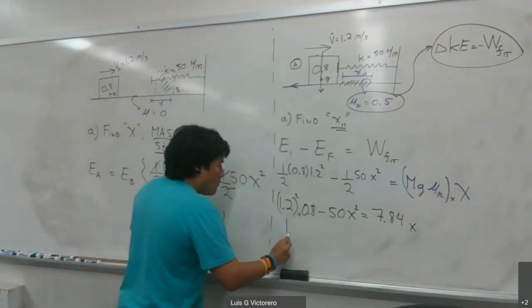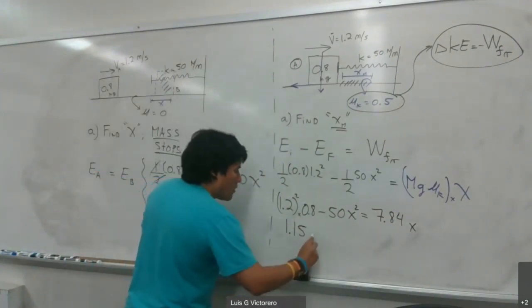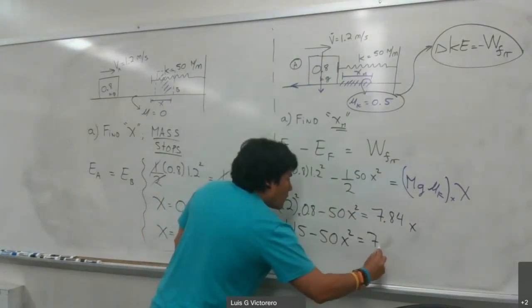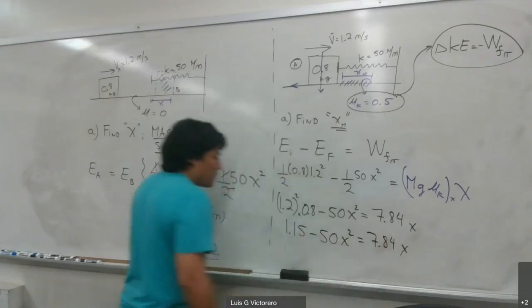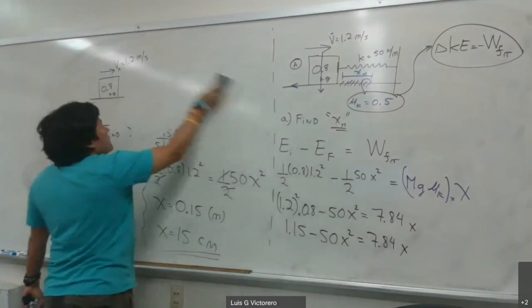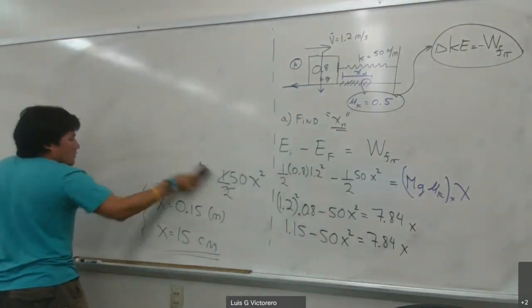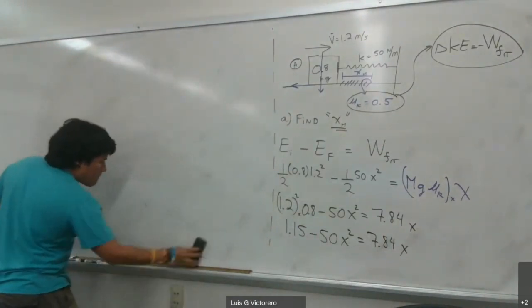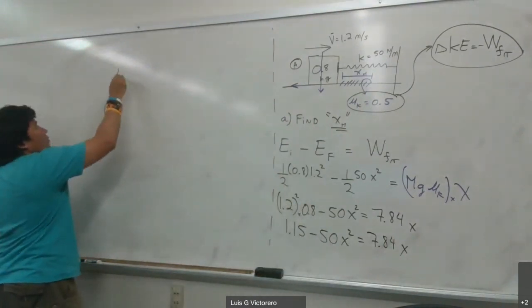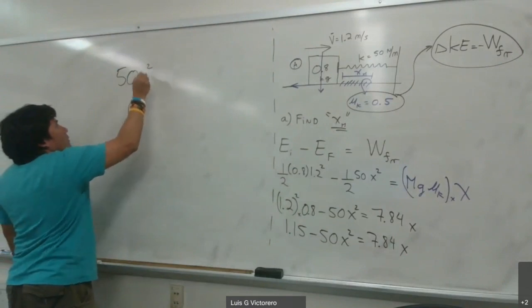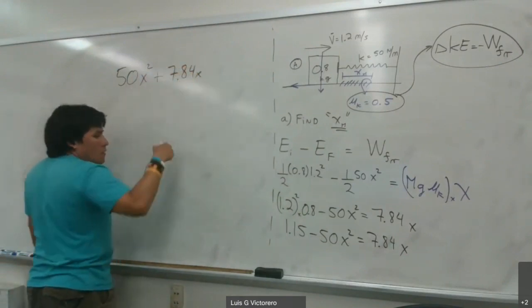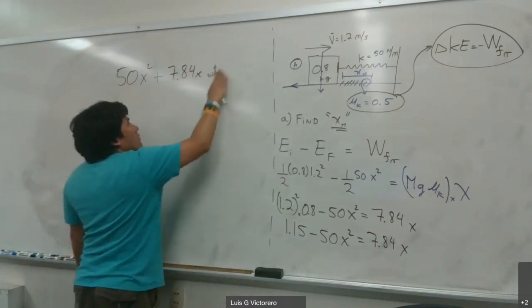So 1.15 equals 50x squared. Right, so let's finish in here. That quadratic equation becomes this: 50x squared plus 7.84x minus 1.